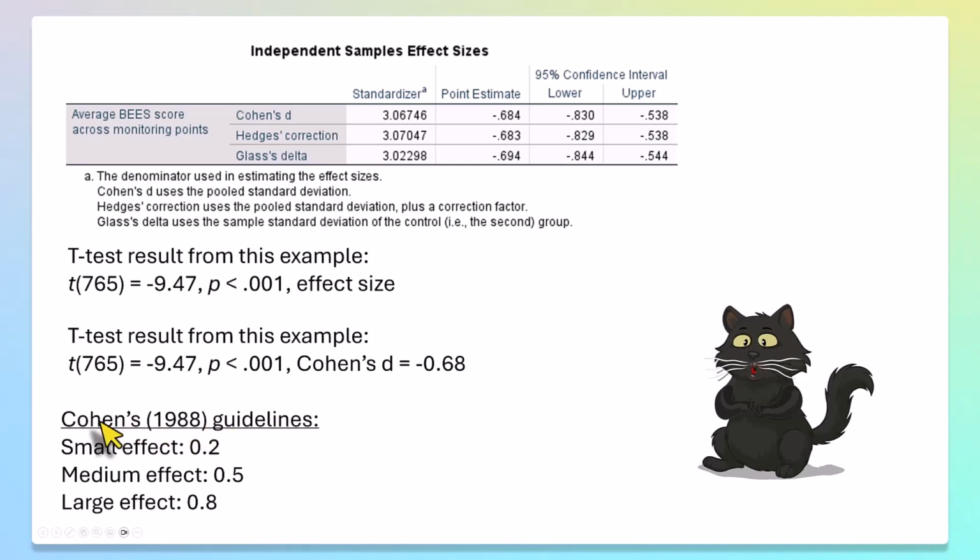Now, there are different guidelines out there, and that's a deeper discussion for another day, but one of the most commonly used are the pretty old school Cohen 1988 guidelines, which are on the slide here. So in the current example, 0.68 sits in between a medium to large effect.